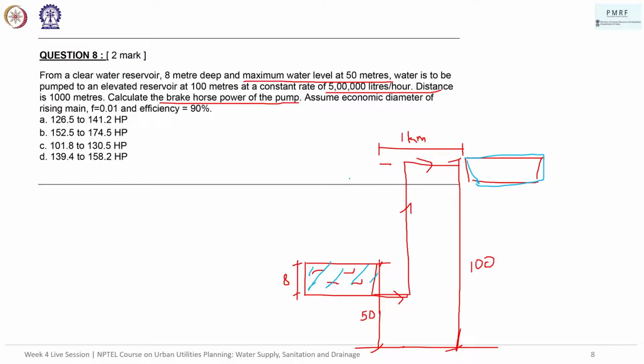And given in the question is assume economic diameter of rising line. So when we are using a pump, so this is the pump, and we are using water mains, the diameter of this pipeline, they've asked us to assume it to be the economic diameter.